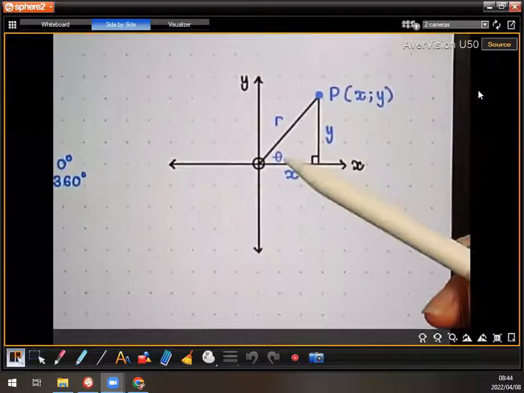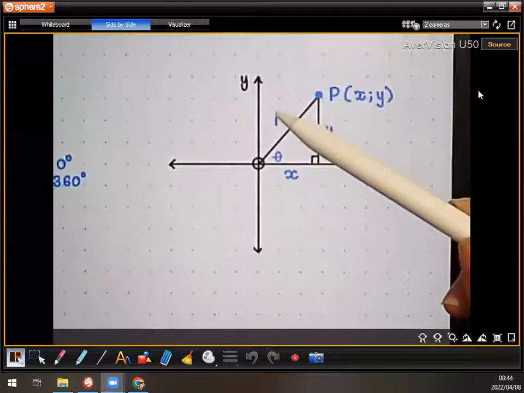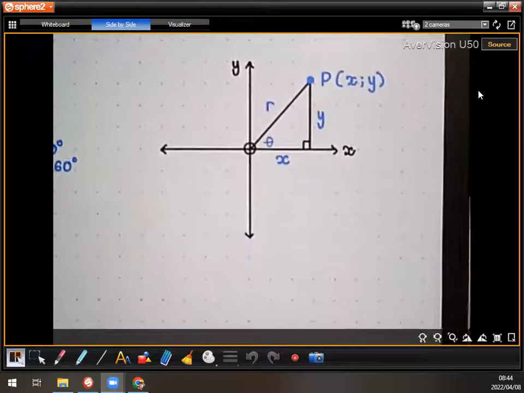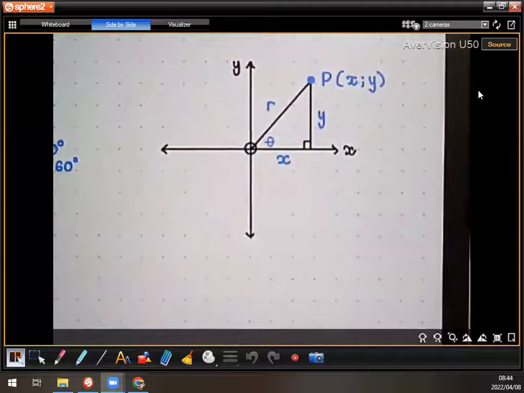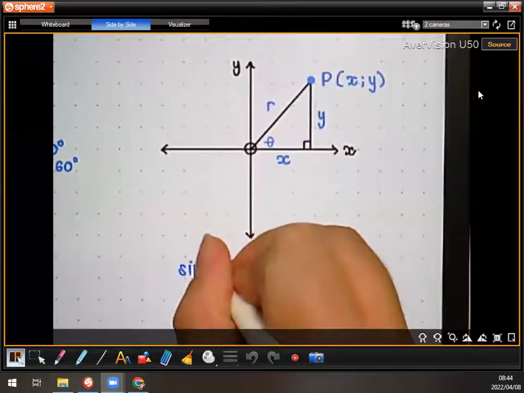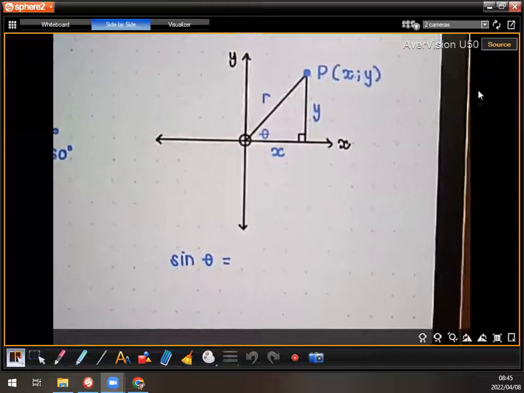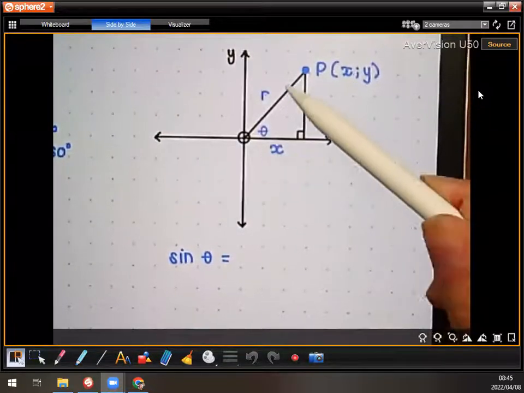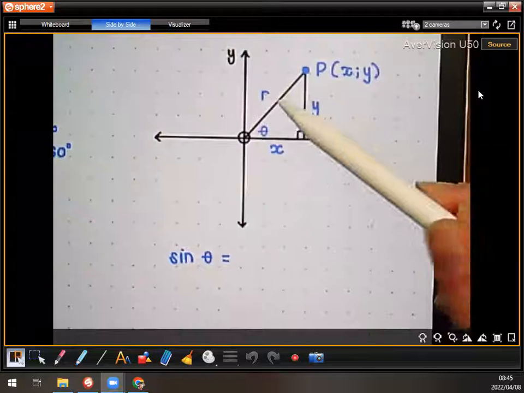Sine is still opposite over hypotenuse, but now we can use y and r for that. That's actually the only thing that's new when we're talking about trig in the Cartesian plane. So let's write it here at the bottom. Sine of theta is opposite over hypotenuse, y over r.